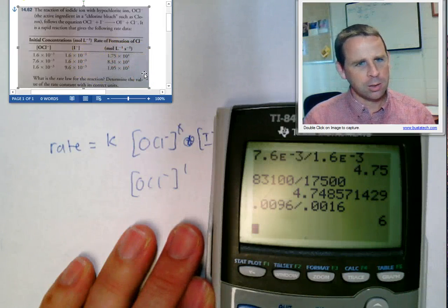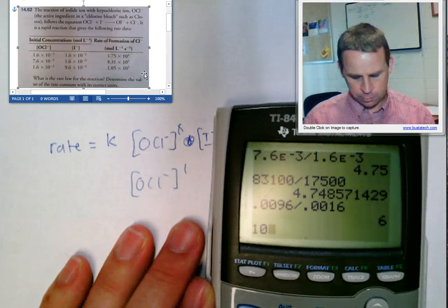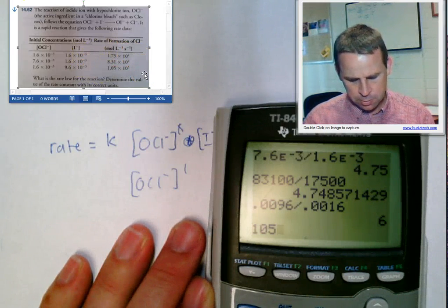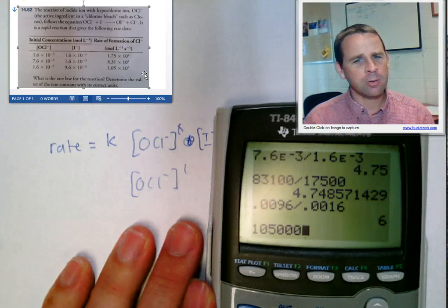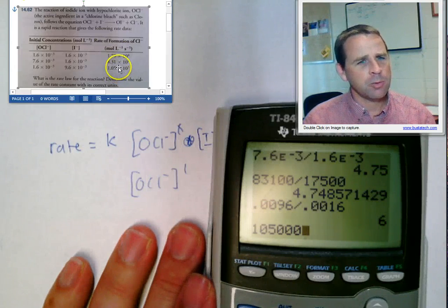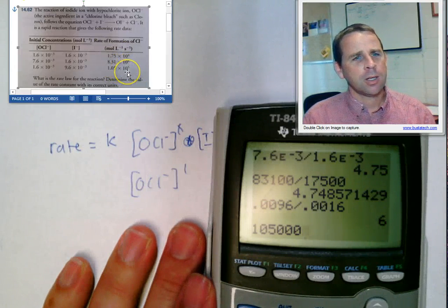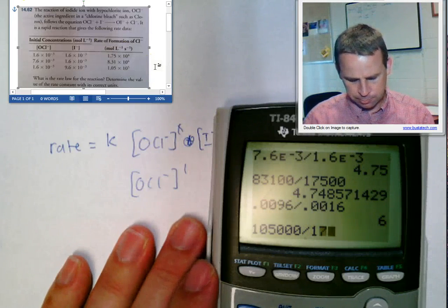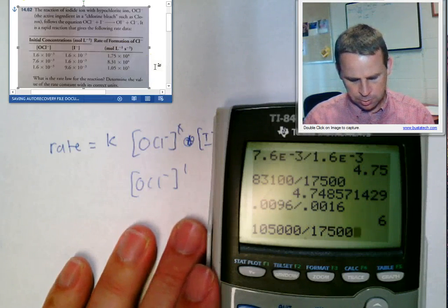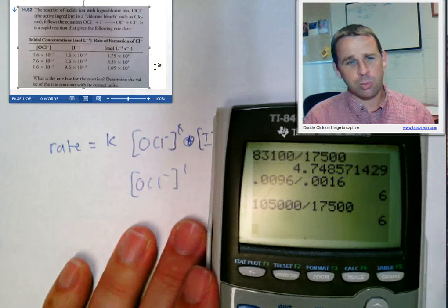I'm going to look at, again, 105,000. That's my 1.5 times 10 to the fifth, divided by 17,500. So it went up sixfold as well.